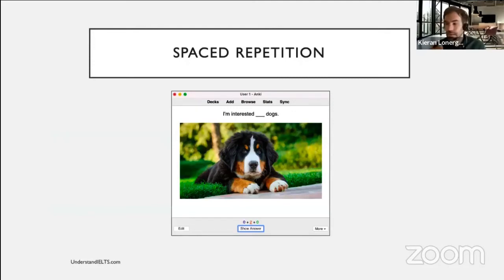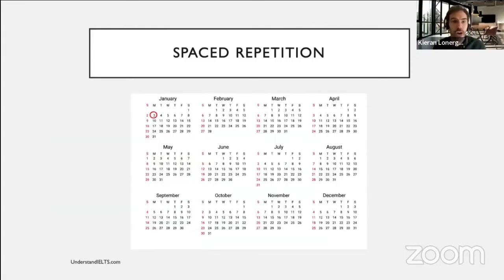Now, spaced repetition is just a fancy way to say that the time between reviews will increase and increase and increase. So let's imagine my student makes this card, this one here that you're looking at, on the 3rd of January. So I've just made that card in Anki. It's the 3rd of January.